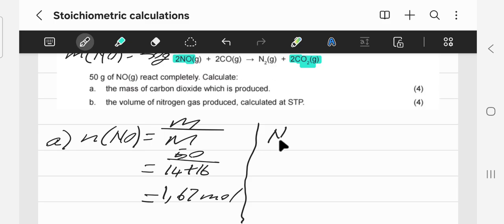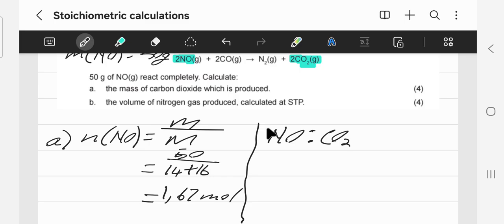So we'll say NO is to CO2, and I want you to notice that when we write our substances, we do not consider the coefficients of the two substances, because the coefficients of the substances we are going to write under the substances.